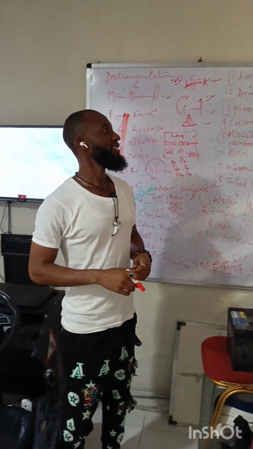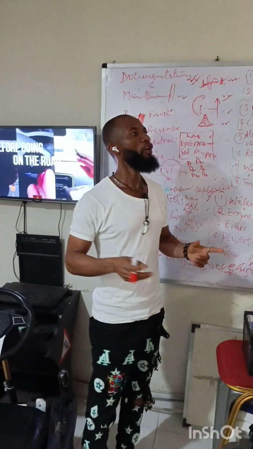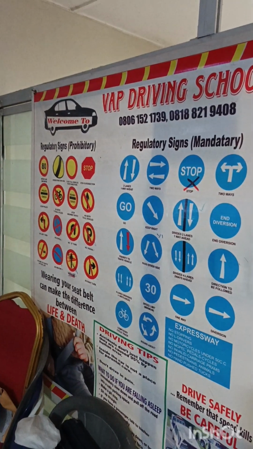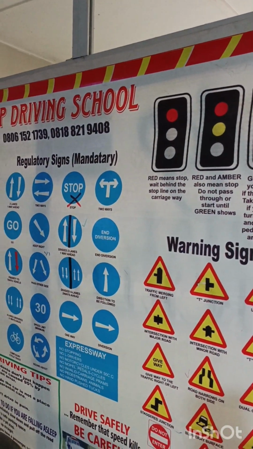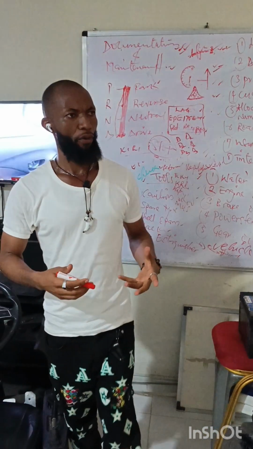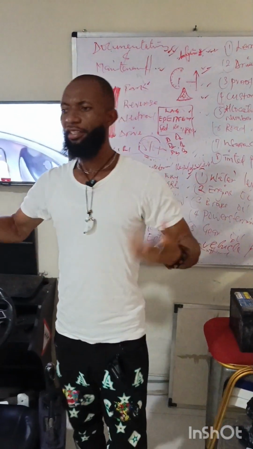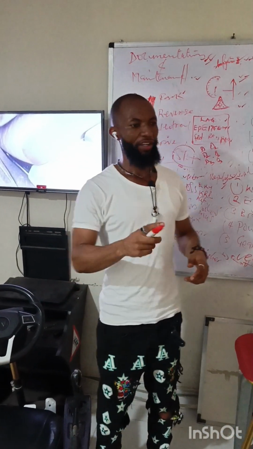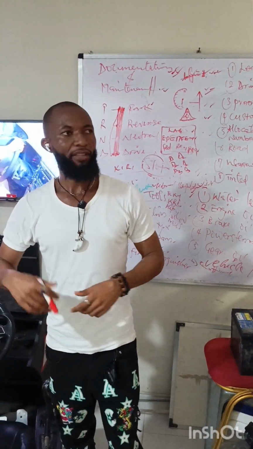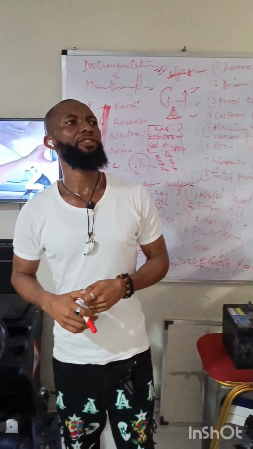The third one is regulatory signs, also called prohibitory sign, and also have regulatory sign, which is also called mandatory signs. Now when you look at all these signs very well, you understand them. They are self-explanatory: warning, information, mandatory and prohibitory. But let us first of all look at the traffic light.